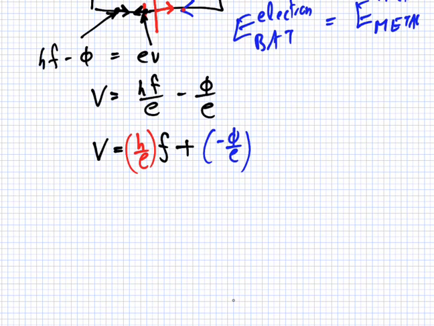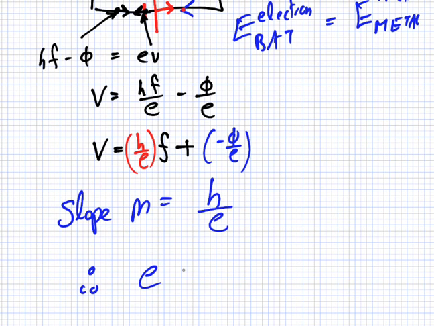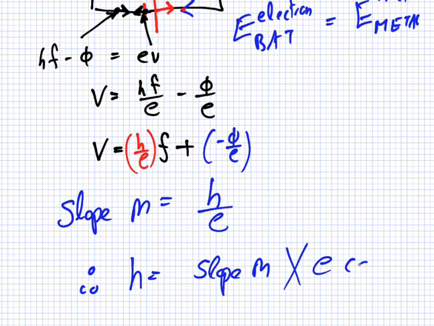You have here that the slope, n, equals h over E. So therefore, E equals h over the slope. No, sorry, wrong way. I want h. So therefore, h equals the slope n multiplied by the E constant.